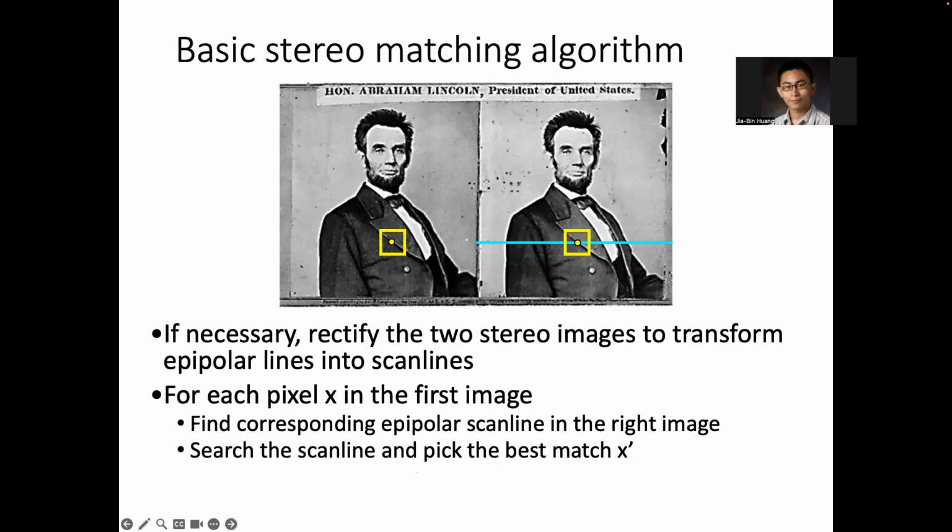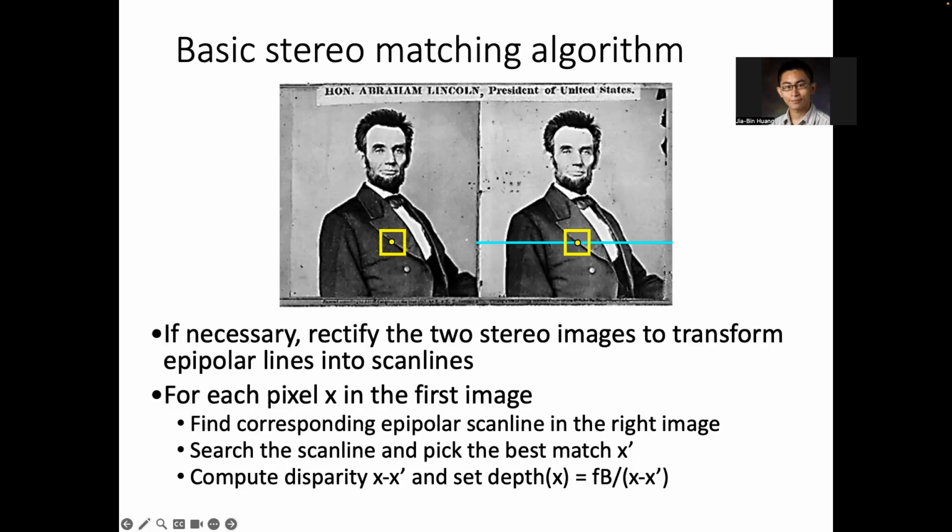Does it make sense? Once you figure out the best location, you can estimate the depth. The depth is just the focal length times the baseline of the images divided by the disparity.